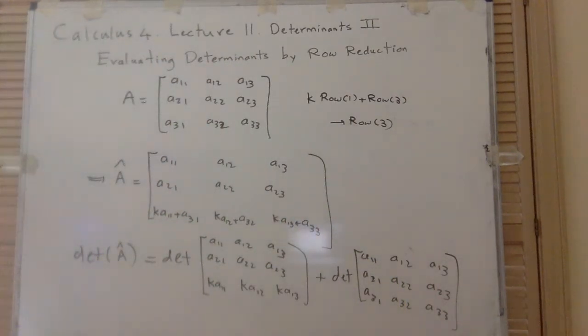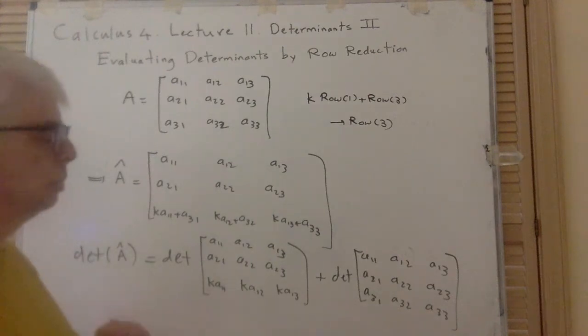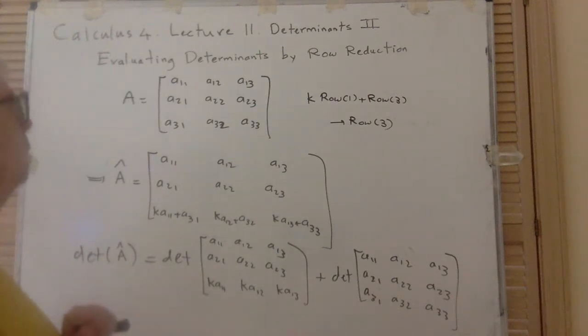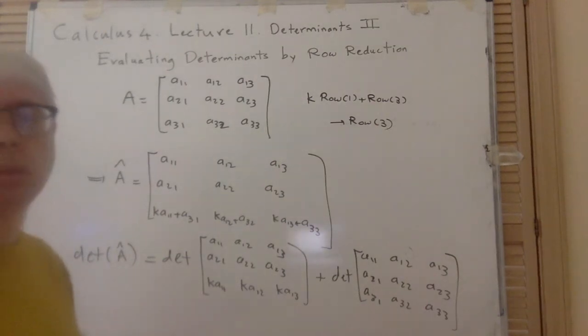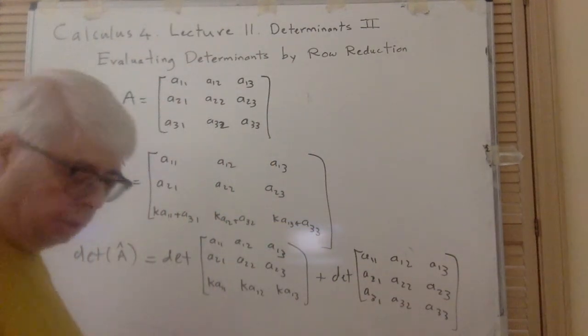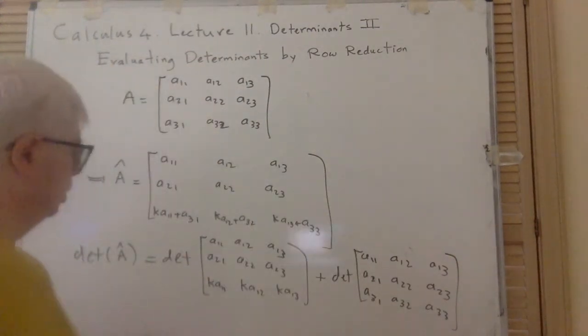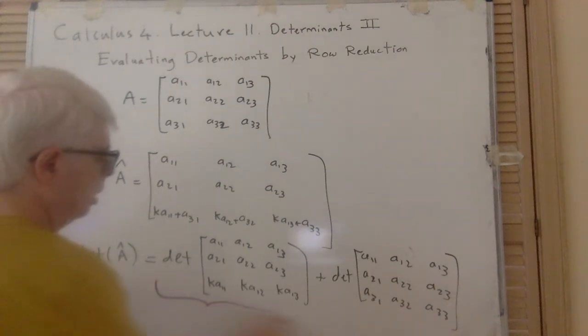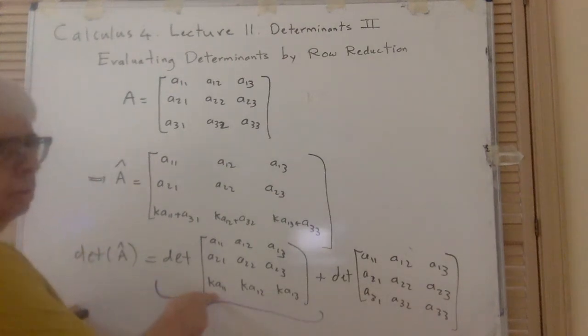Remember from fact 1, the determinant of A hat is these two. Well, what is this? This guy here has a k, right?